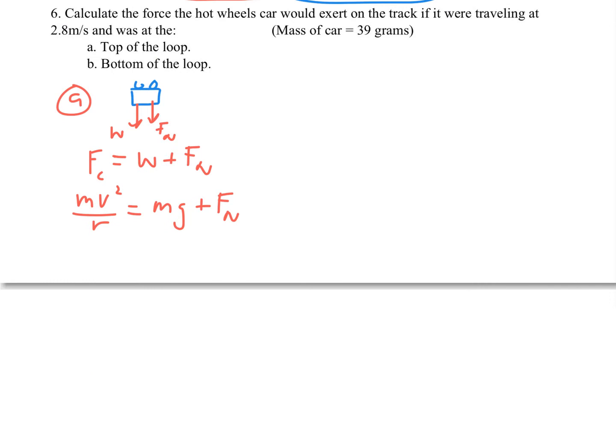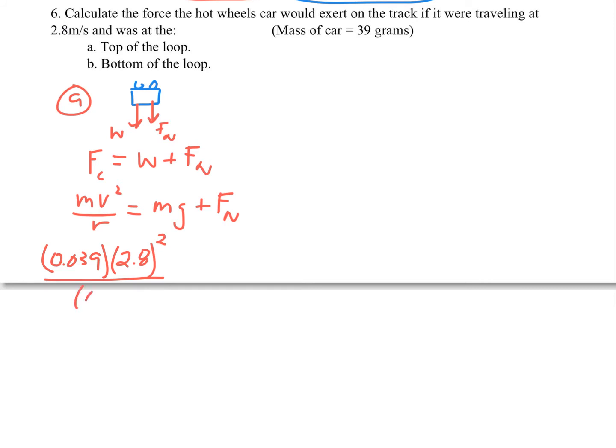Plugging in now, the mass of this car is 39 grams. That would be 0.039 kilograms times the velocity. Now the car has excessive speed. It's beyond the 1.2 meters per second of speed it needed. So the track is helping to contain the car now.